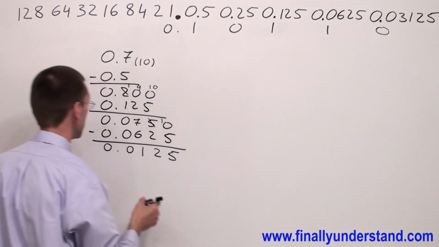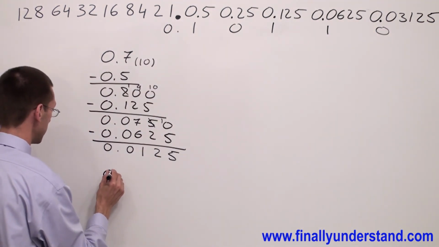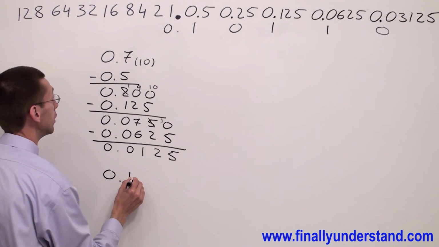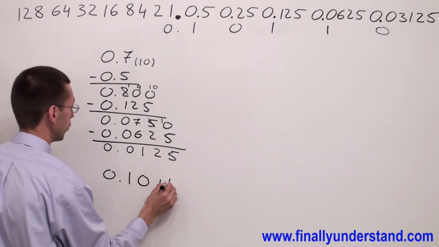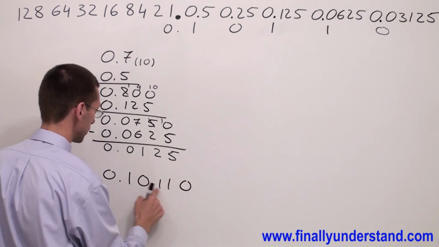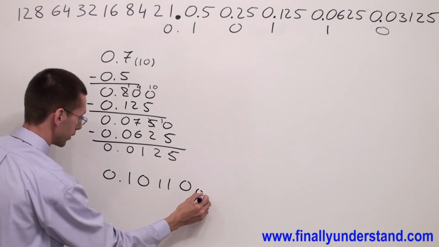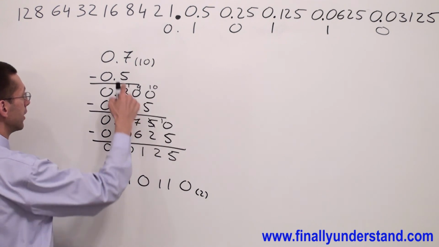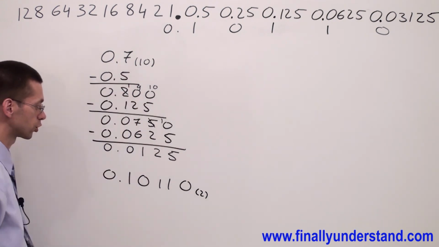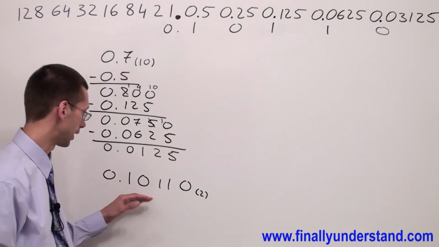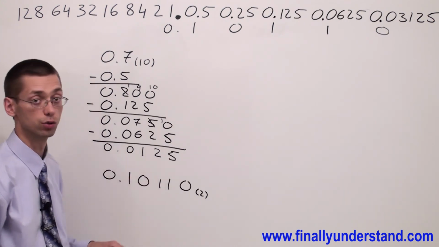Okay, let me rewrite the answer one more time. My binary answer is 0.10110. I got 5 bits. This number is not exactly 7/10, but is close enough that I can say that this is the solution to my problem.